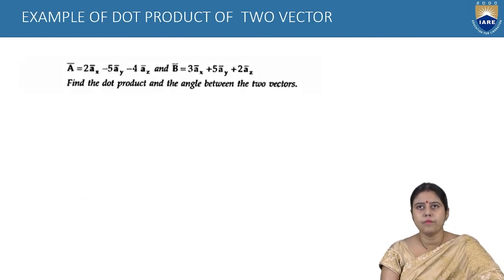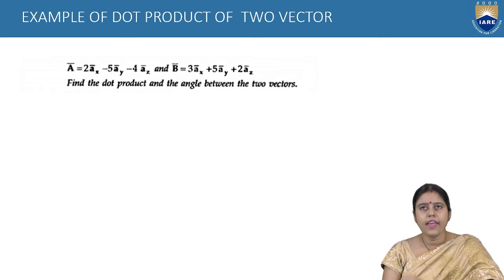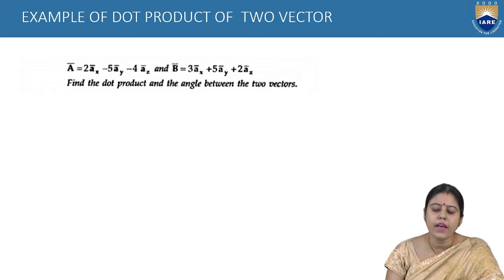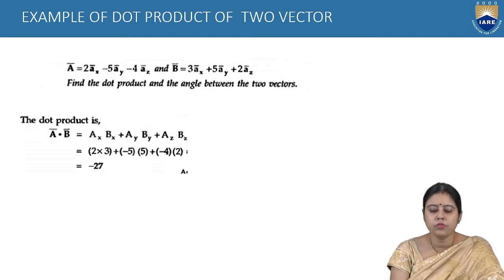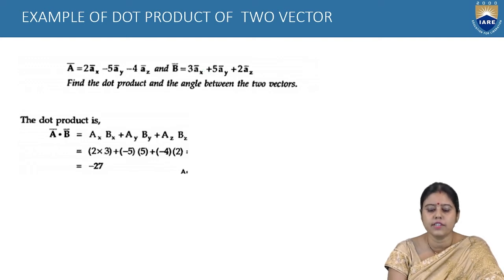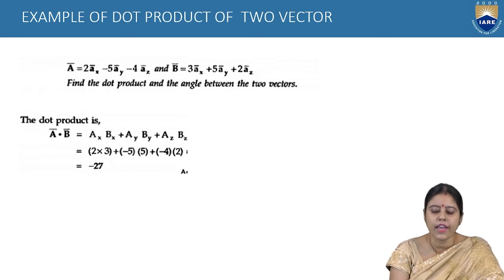We will do one example of two vectors. A is given and B is given. Find the dot product and the angle between the two vectors. So, X term will be multiplied with X term. 2 will be multiplied with 3 and we will get the value 6. Next, in Y, it is 5 and 5, so the value is minus 25 because this is minus 5.